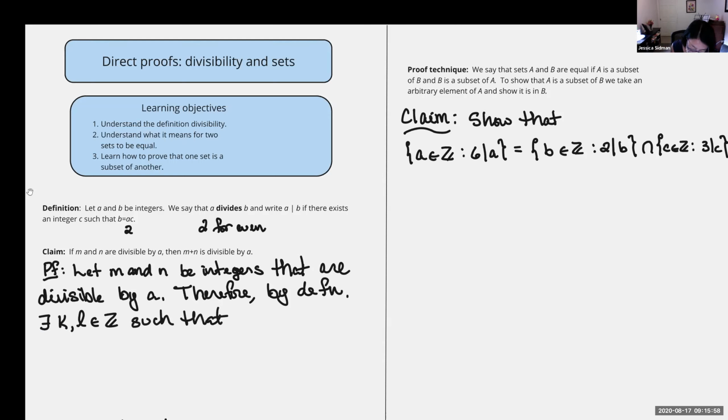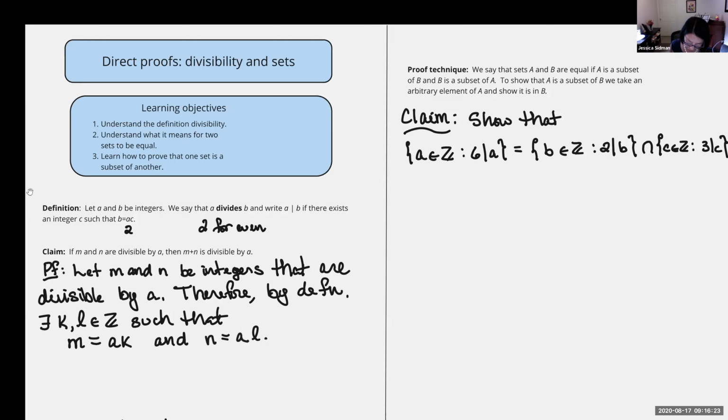Such that, and so now the definition is going to give me two equations, and I'm going to use those equations inside my computation. So such that m is equal to ak and n is equal to al.